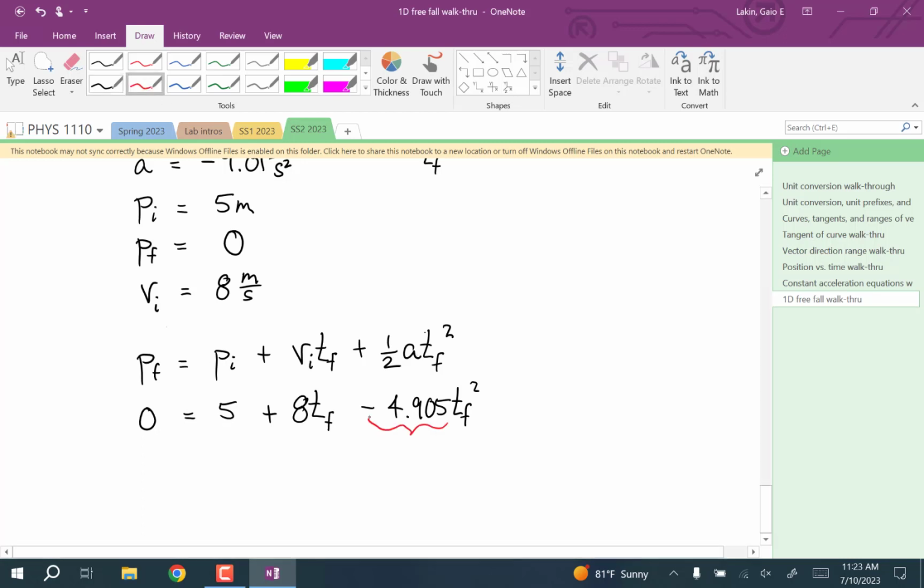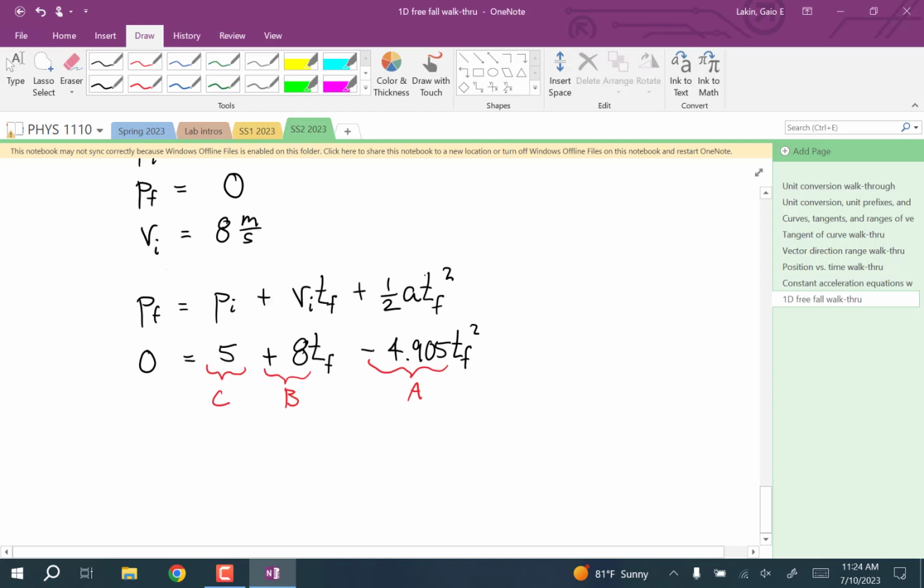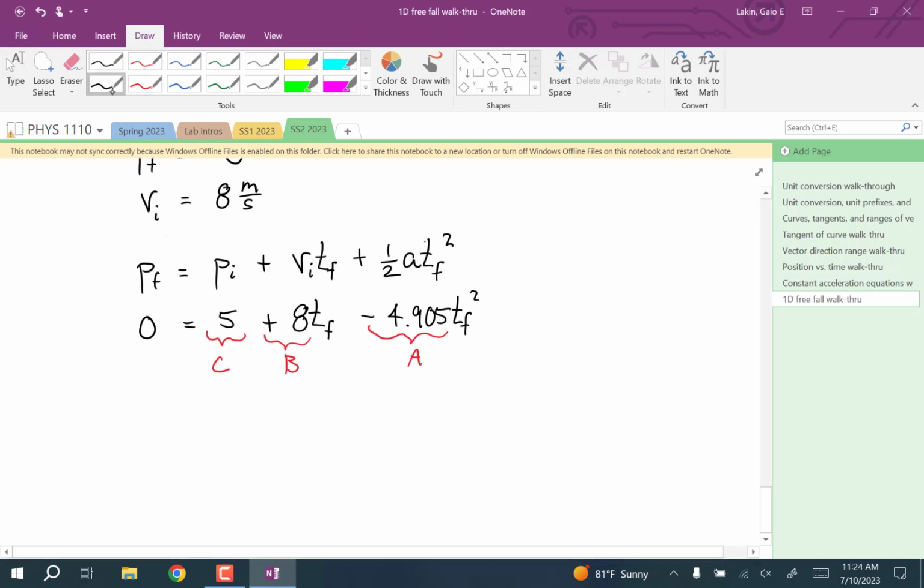And now to use the quadratic formula, this is your a because it's the coefficient of the squared term. This is your b because it's the coefficient of the linear term. And this is your c. And the answer for time final is negative b, this is the quadratic formula, plus or minus square root of b squared minus 4ac, all over 2a.